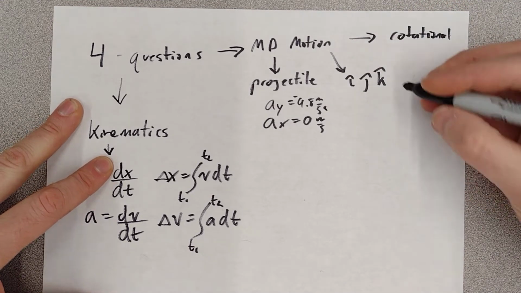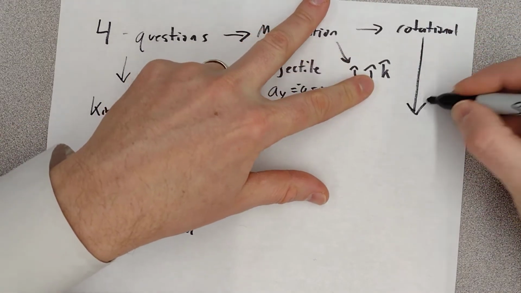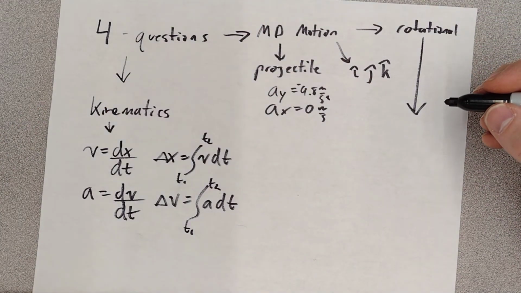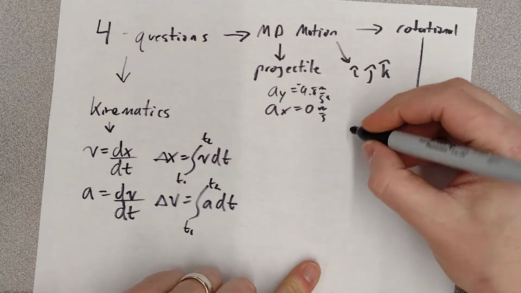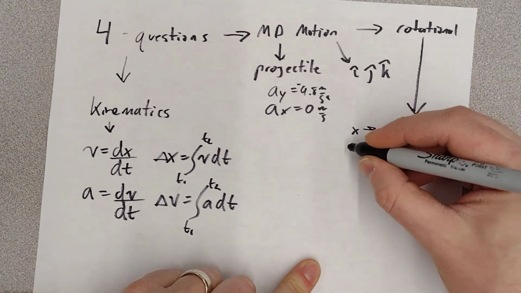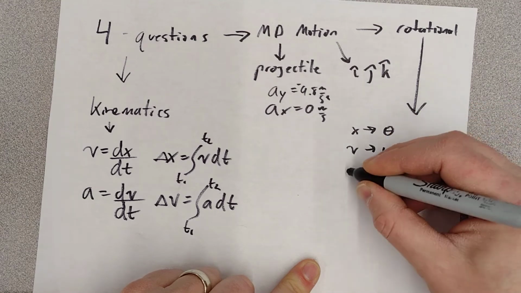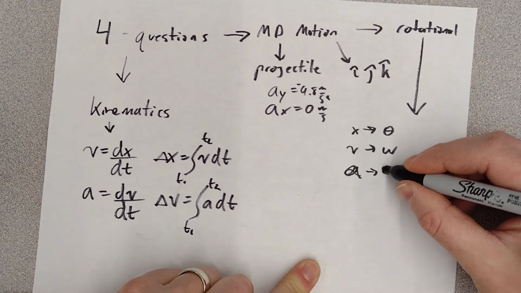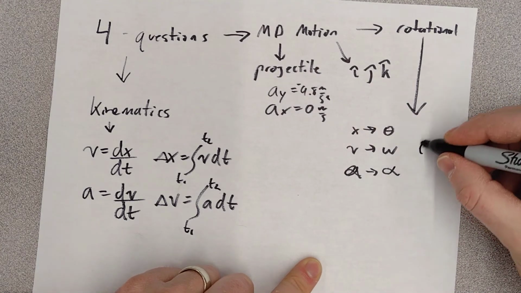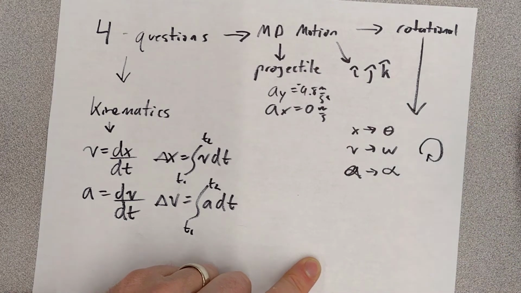All right, rotational. Oh boy, this kind of needs its own area here, right? So rotational is basically all of this, but x becomes theta, v becomes omega, a becomes alpha, right? So it's rotational motion.